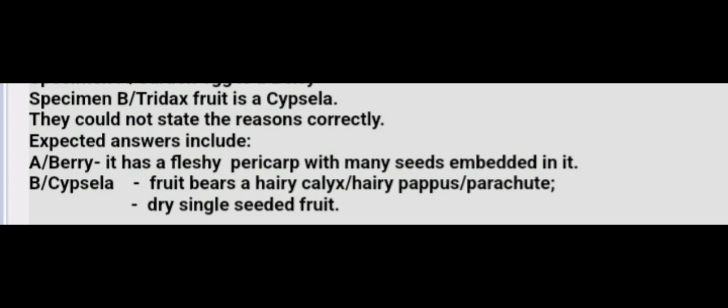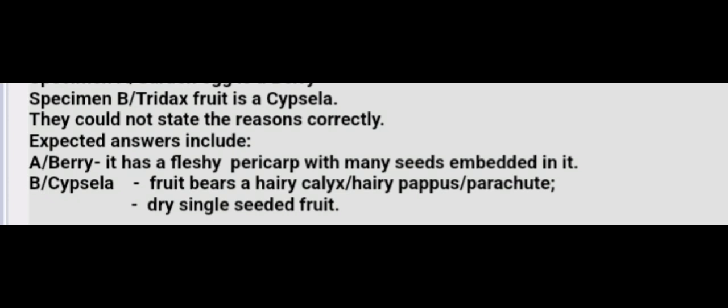At maturity, the corolla drops off and the hairy calyx becomes very prominent and forms a parachute, that's the pappus. They spread out on top of the fruits and cause it to be easily buoyed in the air and carried from place to place. The seed coat is hard and does not split open on drying.